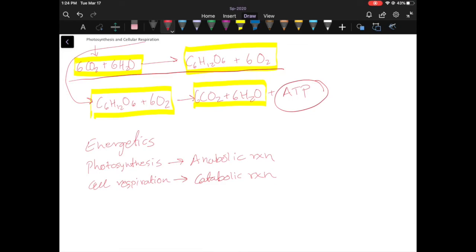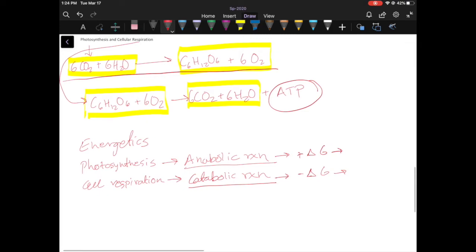So, if we think back to what we learned about anabolic and catabolic reactions, generally, anabolic reactions are going to have a positive delta G, and catabolic reactions will have a negative delta G. So when we think of the positive and negative delta G's, we can think back to how that is referring to if energy is released or if energy is required.